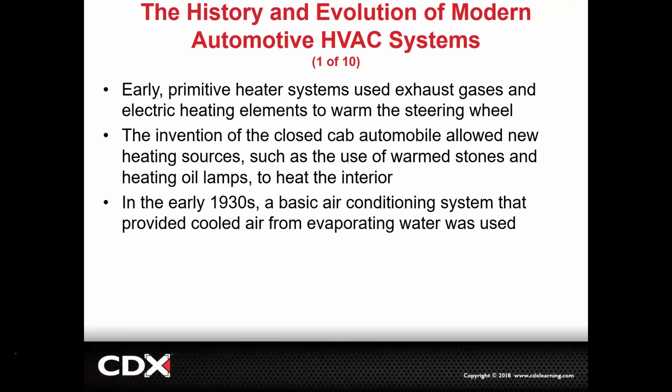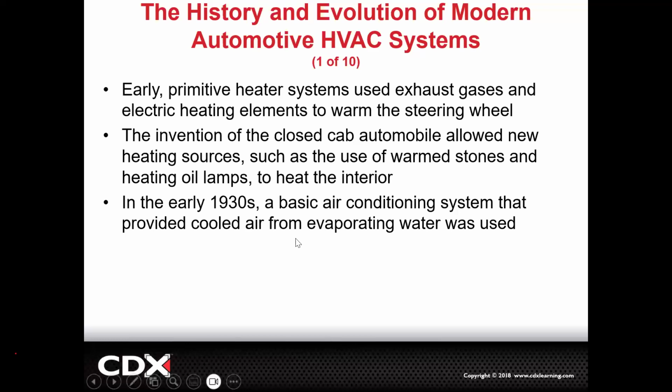Cool. So back in the day, we actually had cars where, if you wanted to heat your cabin, believe it or not, you could use exhaust gases. They would run exhaust sometimes through the interior, put little fins on it, put little heat shields, little tin warming things. They even had electric heating elements in the steering wheel. Those made quite the comeback. But they did start with open cab vehicles. We then moved to the closed cab vehicles.